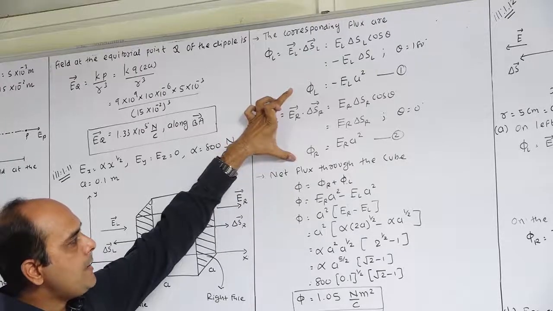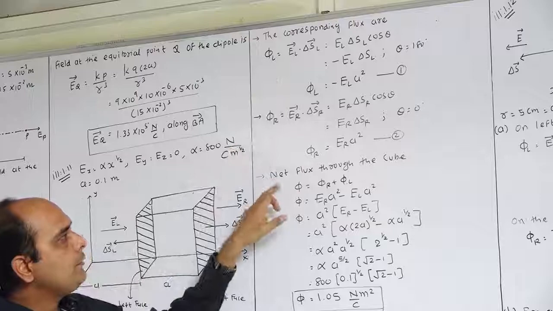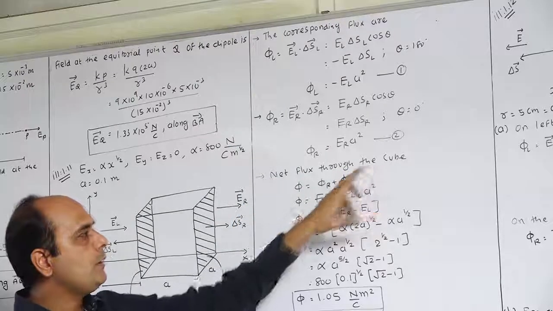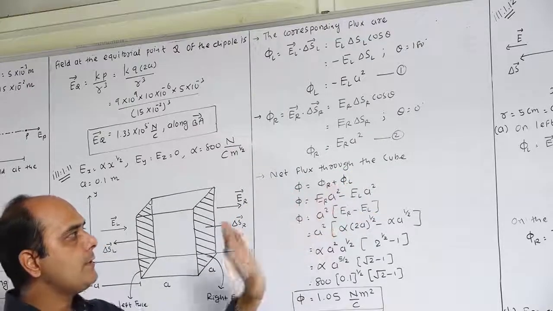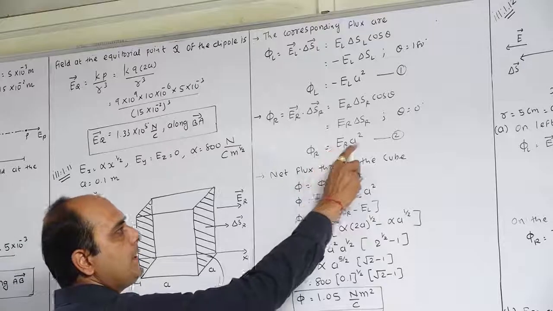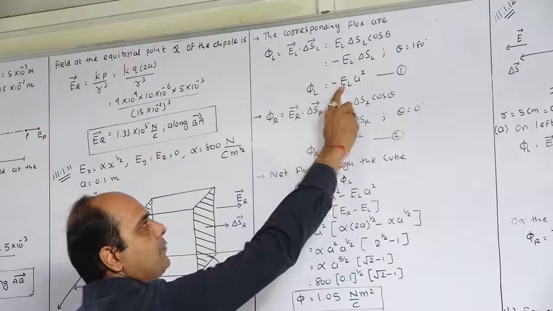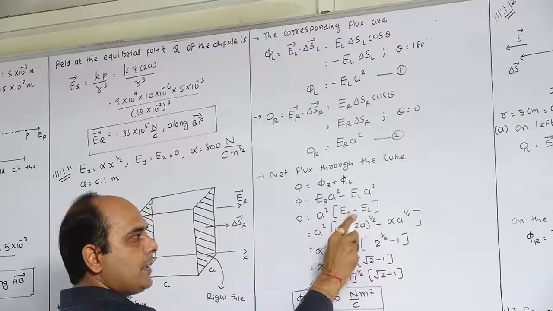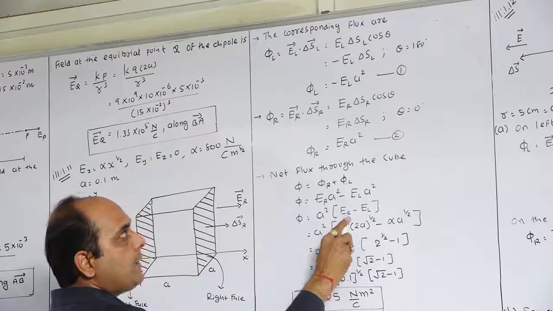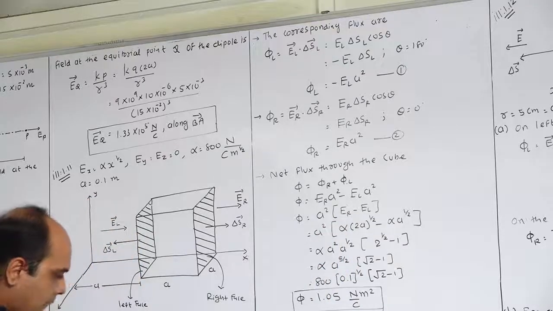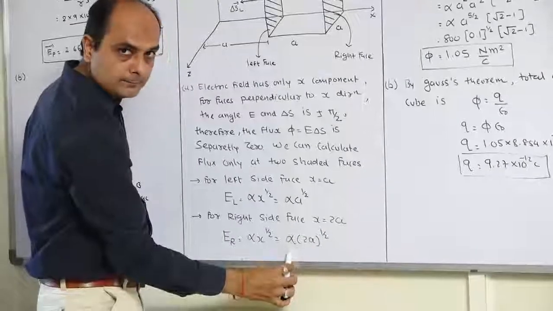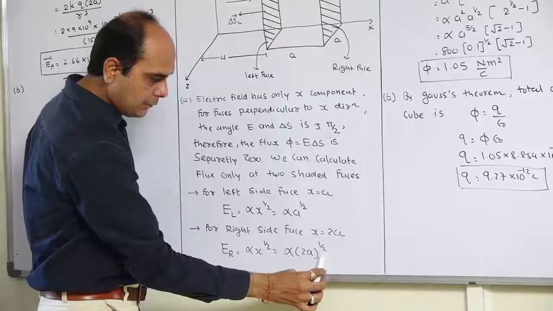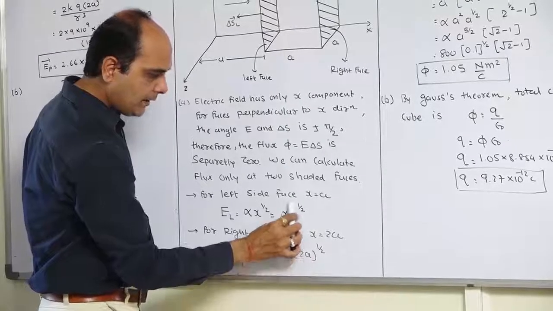Total flux is phi_L plus phi_R, the addition of them. The net flux passing through the cube phi is equal to phi_R plus phi_L. Phi_R is equal to E_R a squared and phi_L is minus E_L a squared. Between them a squared is common, into the bracket E_R minus E_L. Well, E_R is equal to alpha (2a) raised to 1/2, and E_L is equal to alpha a raised to 1/2.